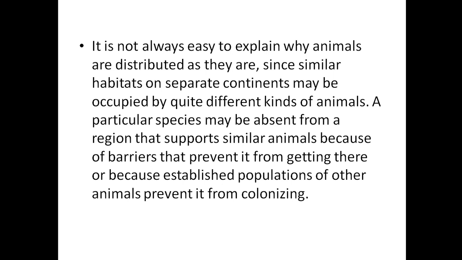Sometimes you can easily explain why the animals are distributed as they are. Similar types of habitats may be seen elsewhere also, but they are not found there. They may be found only in certain continents.